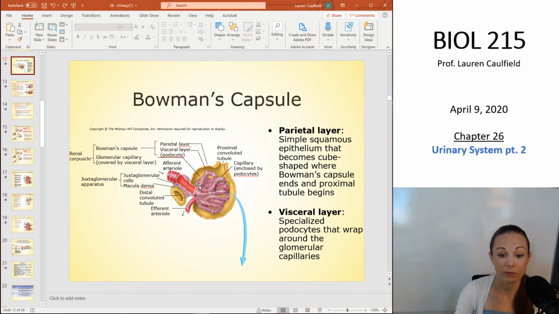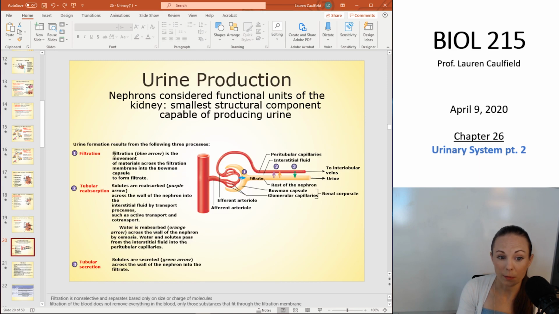Okay, so we're going to have a lot more solutes and larger substances that can cross this membrane and create our filtrate. So going back here to filtration, filtration is that movement of materials across that filtration membrane into the Bowman's capsule to form filtrate. That is the initial stage of urine production.